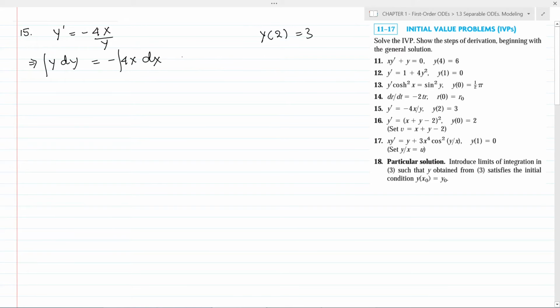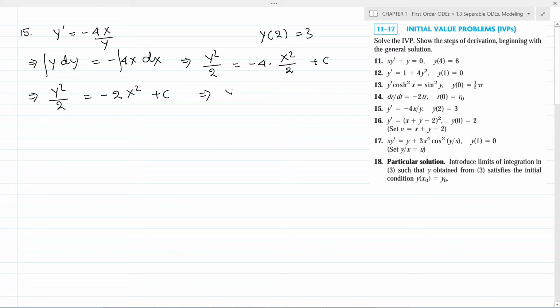Integrate both sides. We get y square by 2 is equal to minus 4 multiplied by x square by 2 plus c. This implies y square by 2 is equal to minus 2 x square plus c.